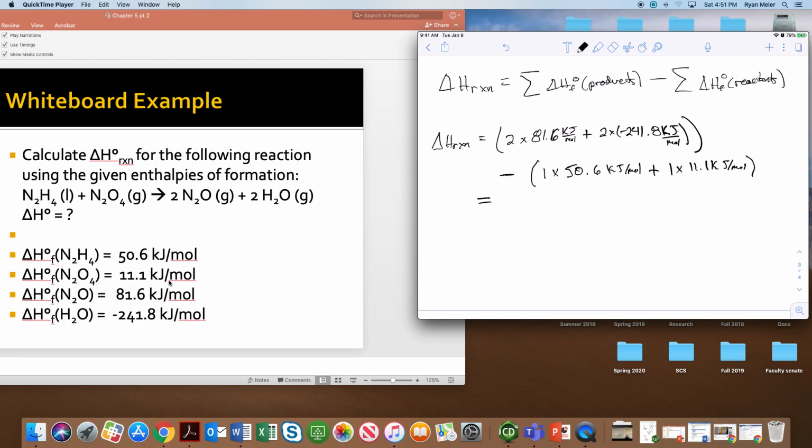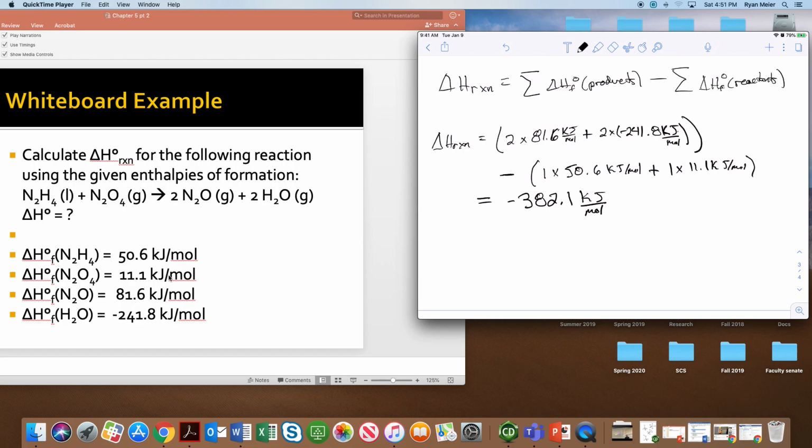And so hopefully give everyone a minute here to catch up on your own as well. And at the very end of this, I get negative 382.1 kilojoules per mole.